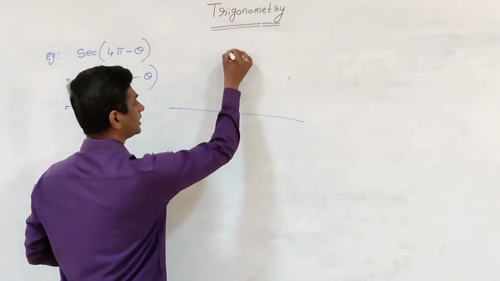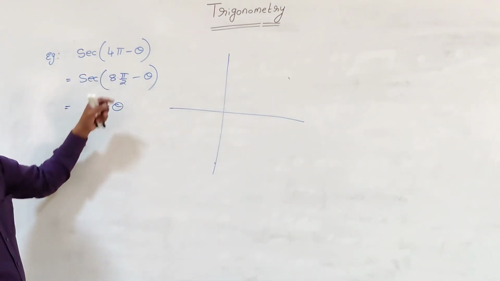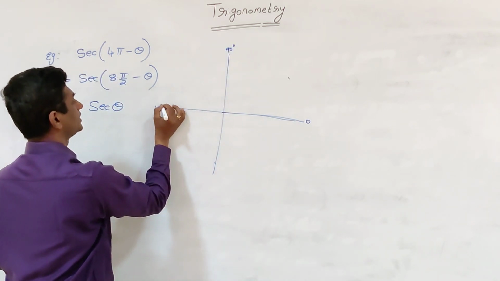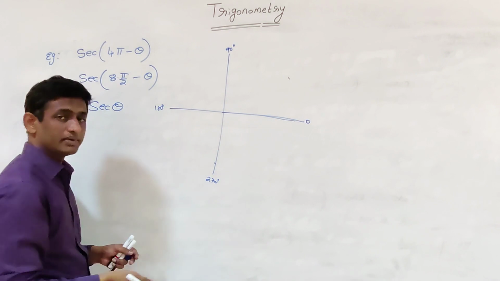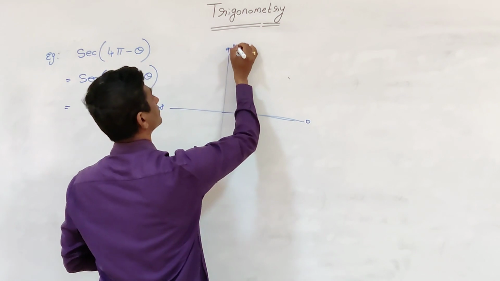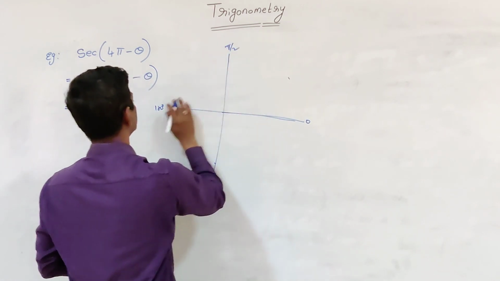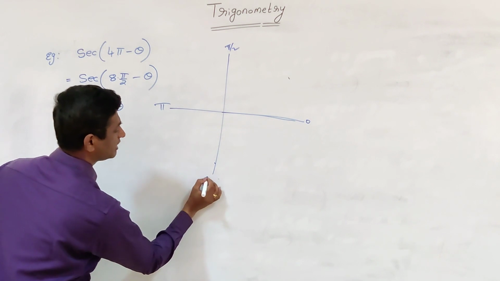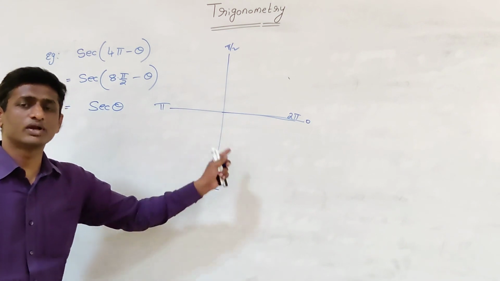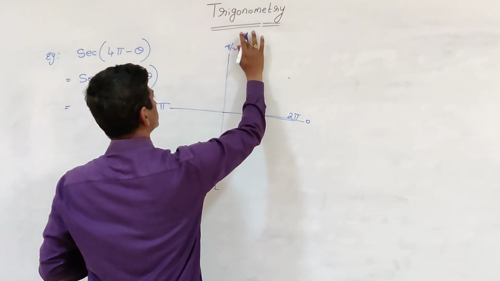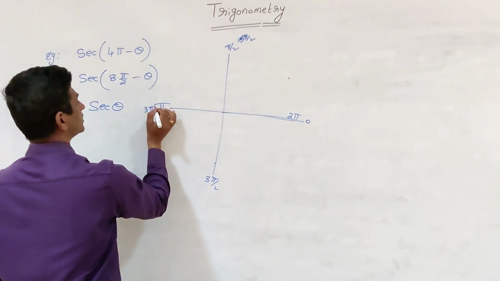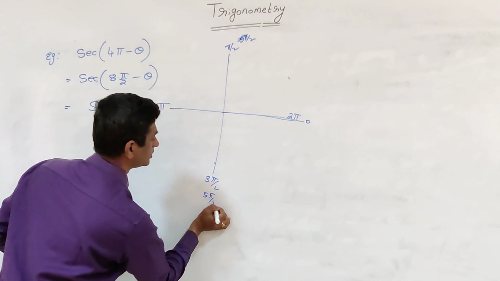So if you observe in the coordinate system, this is 0 degrees, this will be 90 degrees, 180 degrees, 270 degrees. These are in degrees. If we convert into radians, it is 0 radians, pi by 2, pi, and this will be 3 pi by 2. Again it will be 2 pi, which means it completes one revolution. Next, 5 pi by 2, 3 pi, 7 pi by 2 and 4 pi.